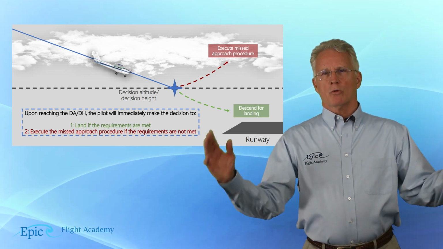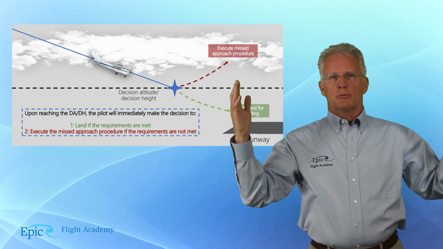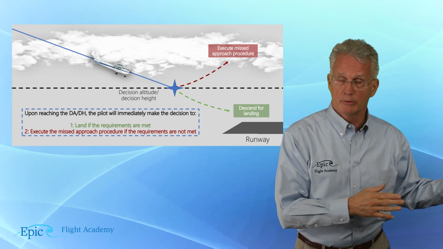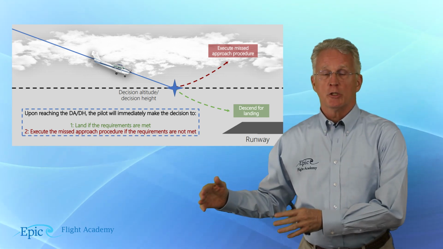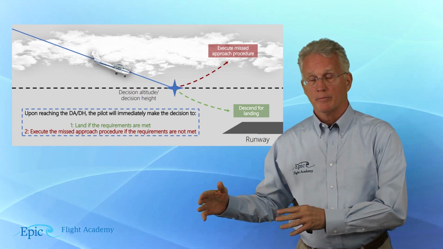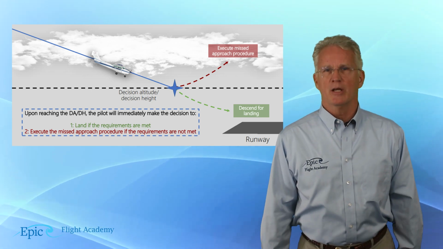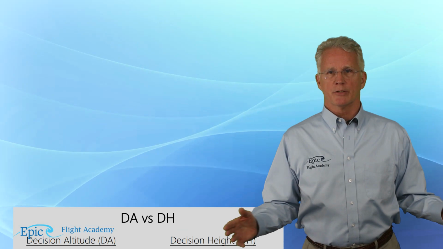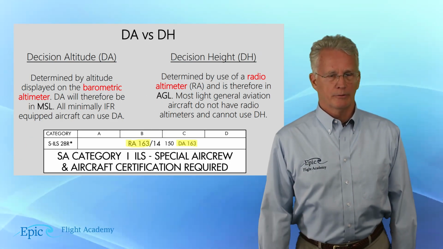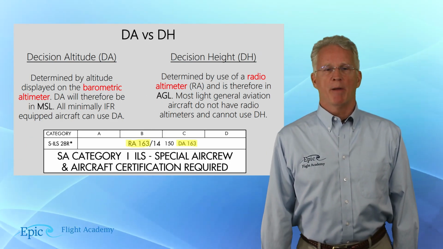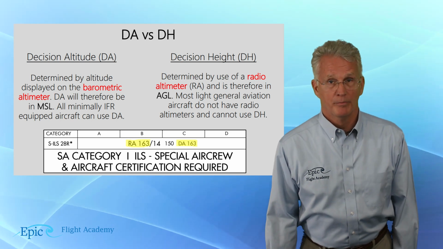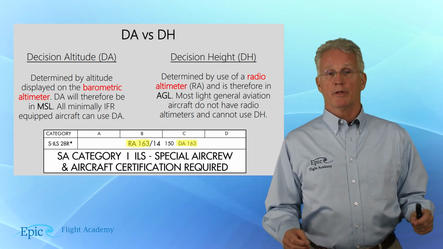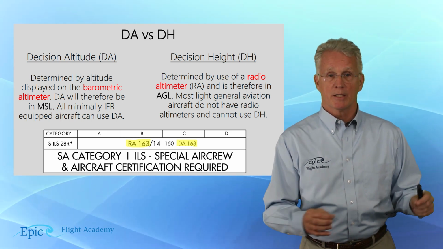So the next logical question is, well, what is the difference between the DA, decision altitude, and the DH, decision height? Well, as you might guess, they are very, very similar. The difference is simply this. Decision altitude is displayed on a barometric altimeter, and the DA will therefore be in MSL.